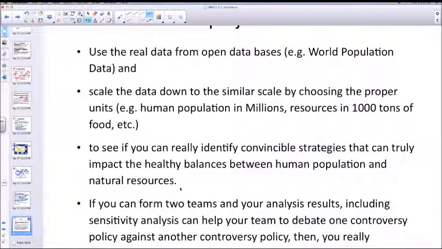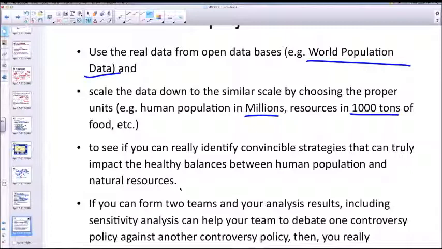And then you can look at this example to see if we can do meaningful research by using the real-world population data that fit no pattern, no function, just a curve. And you scale it down to millions, thousands of tons to make your numbers small. Now here's the game.